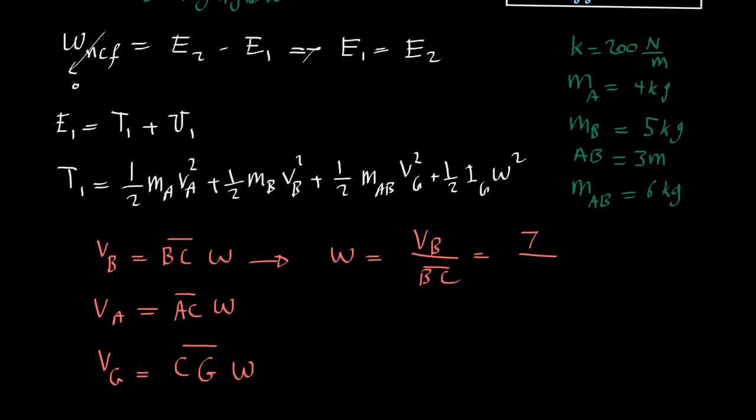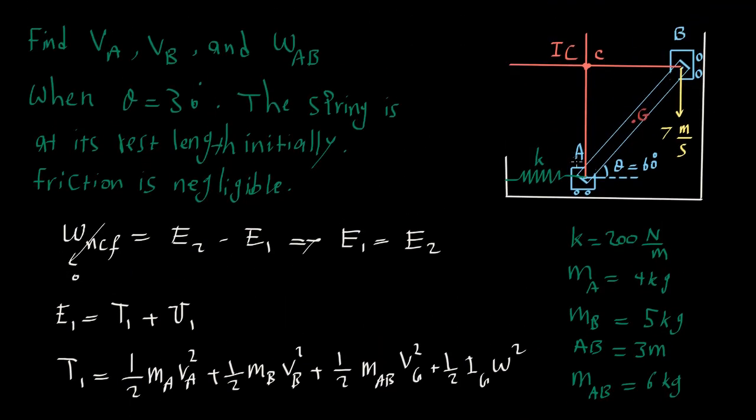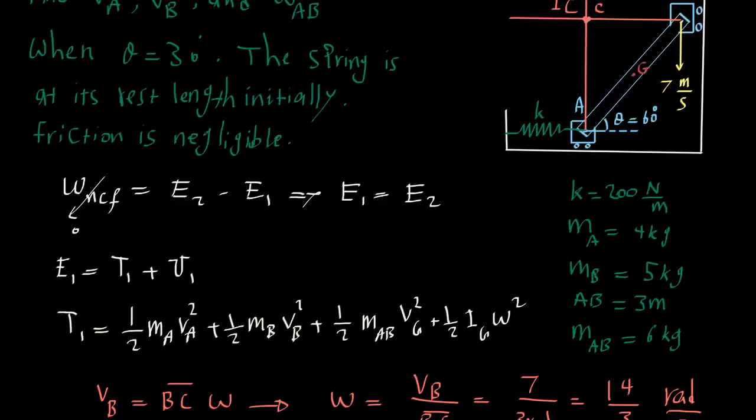So this would be 3 times cosine 60, which is 1/2. So basically this is 14 over 3. And now that we have omega, in radians per second, we should be able to calculate V_A. V_A would be AC, which would be 3 times sine 60.